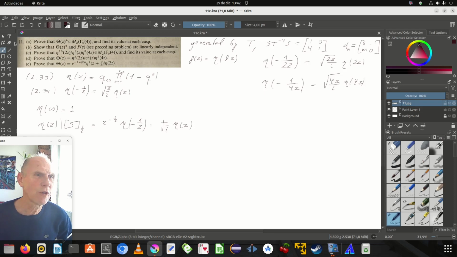And since we have no eta of 4z, I wonder what we can do here. This is the one that's interesting anyway. And it comes when operating with alpha.